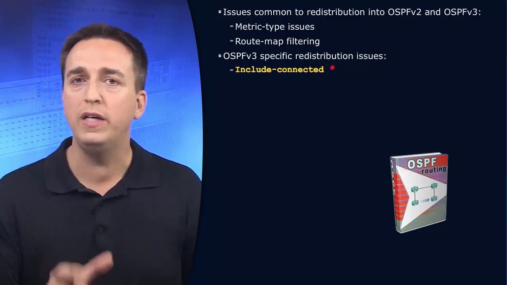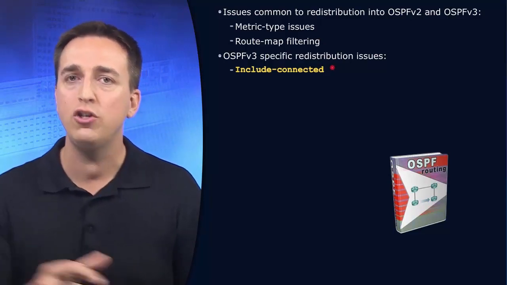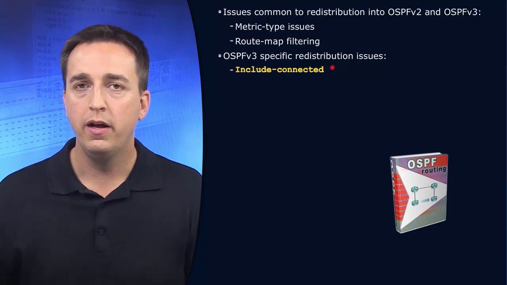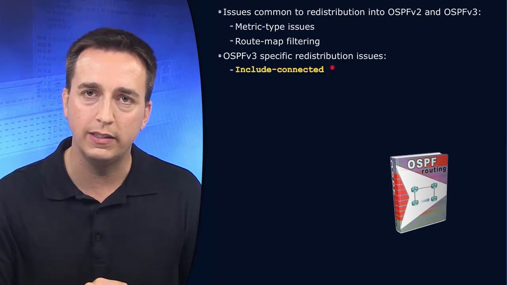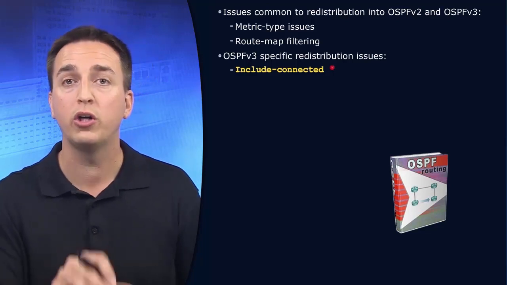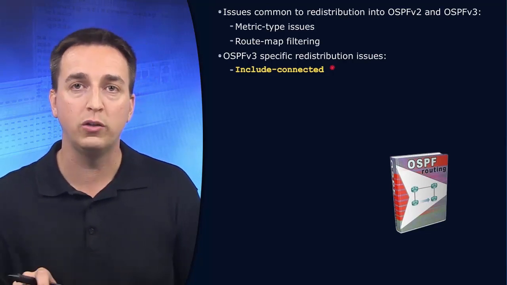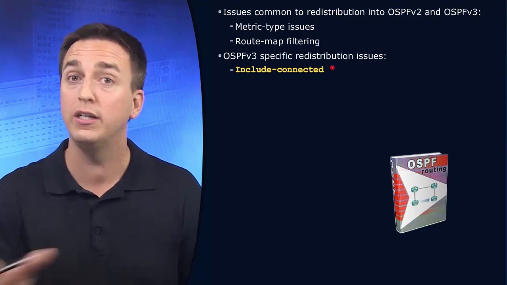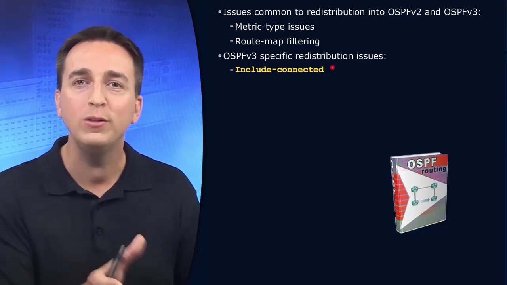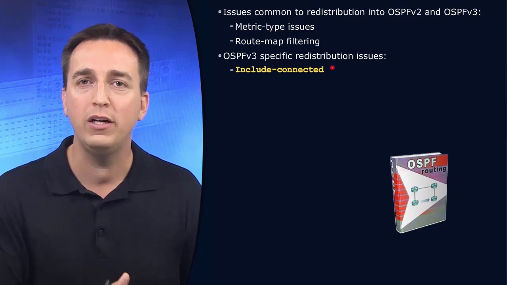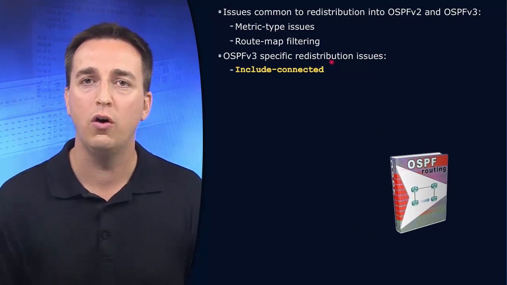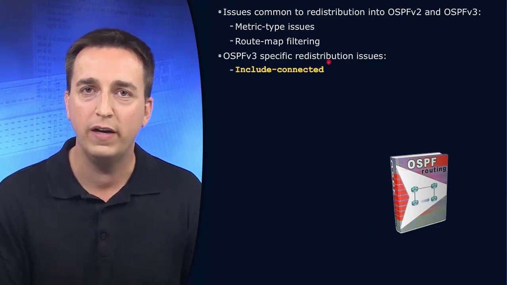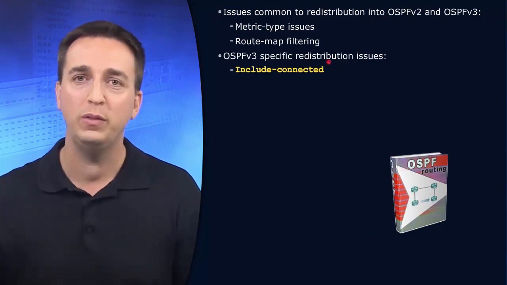Well, with OSPFv2, when you perform redistribution into OSPF, all of the directly connected interfaces that are running the protocol that you are redistributing. So for example, let's say you're taking EIGRP and redistributing it into OSPF. Well, all of those interfaces on that redistribution router that are participating in EIGRP, the networks of those interfaces will also be redistributed.